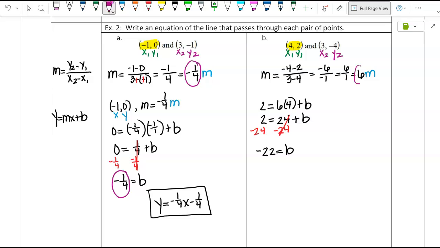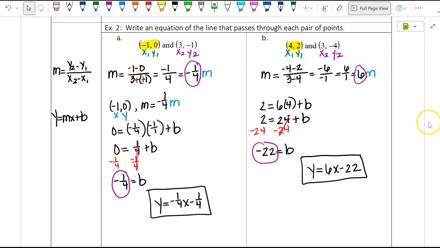So again, now we have our slope, we have our y-intercept, so our equation would be y equals 6x minus 22. Once we have the information, which again, what we need is we need our slope and we need our y-intercept. All right, there's two more problems at the top of the next page.